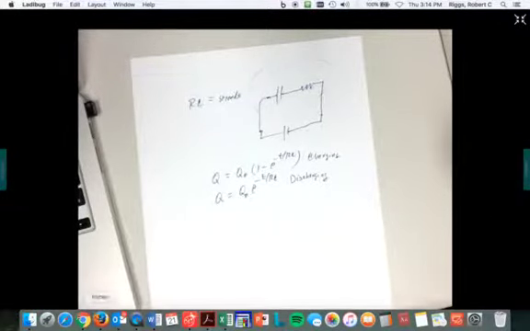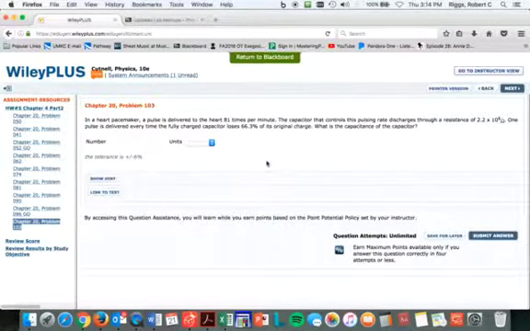Now let's go to the actual problem. Pacemaker controls. The heart pacemaker beats 81 times per minute. The capacitor that controls this pulsing rate discharges through a resistance of 2.2 times 10 to the 6 ohms. Usually the resistance is very, very high on these things.